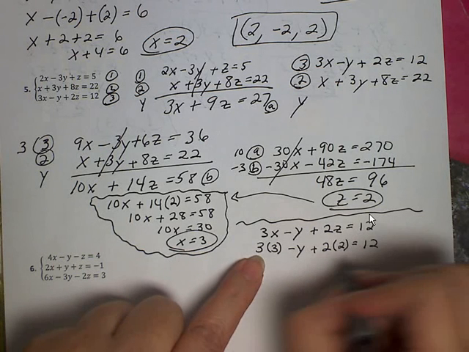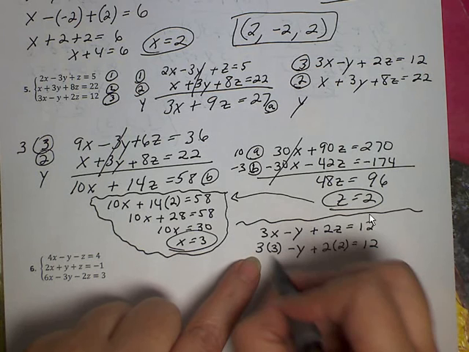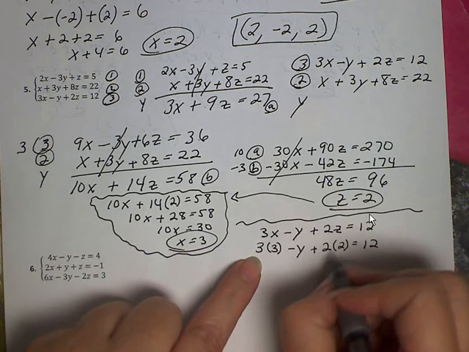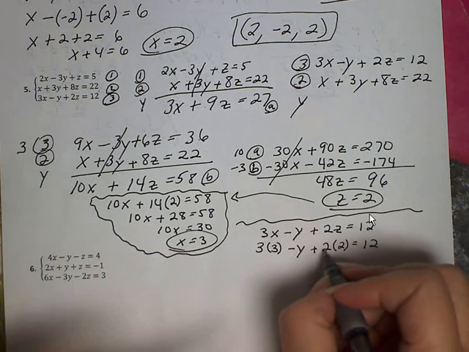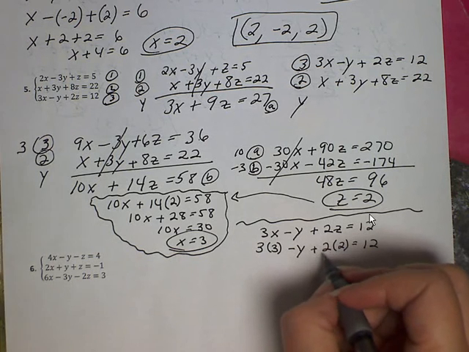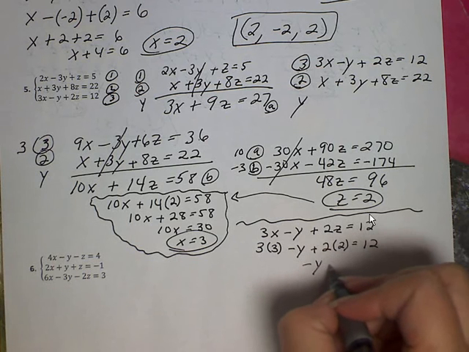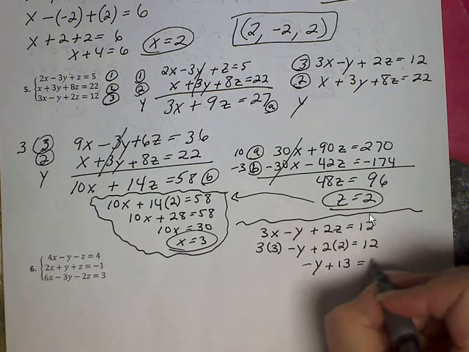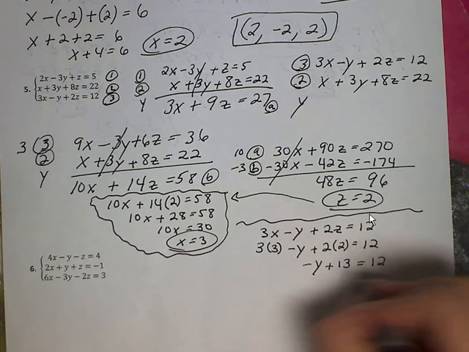So I have 9 and 4, 13. So I have negative y plus 13 is equal to 12. Subtract my 13.